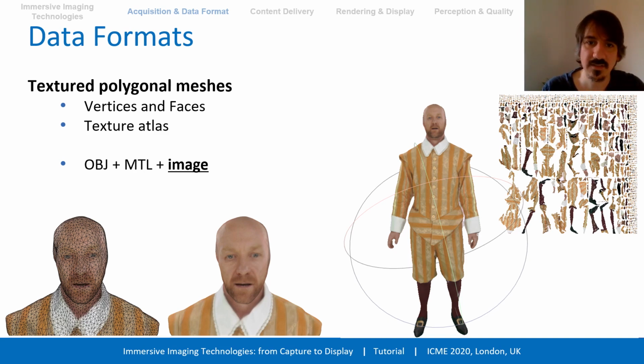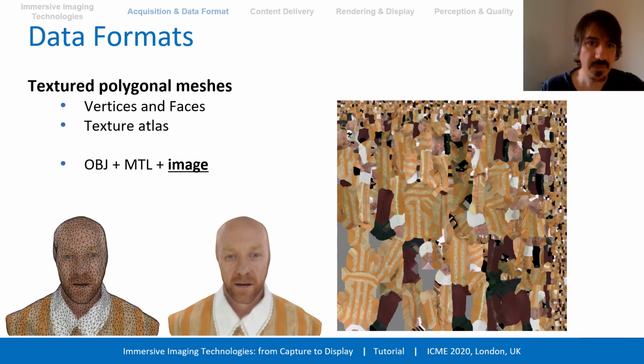And you can see that this atlas does not look at all like the original images, but it does contain every piece of image texture that is needed to be mapped on the mesh surface. The atlas is usually packed into a more compact representation, as shown here, and this image can then be stored using any existing image format.